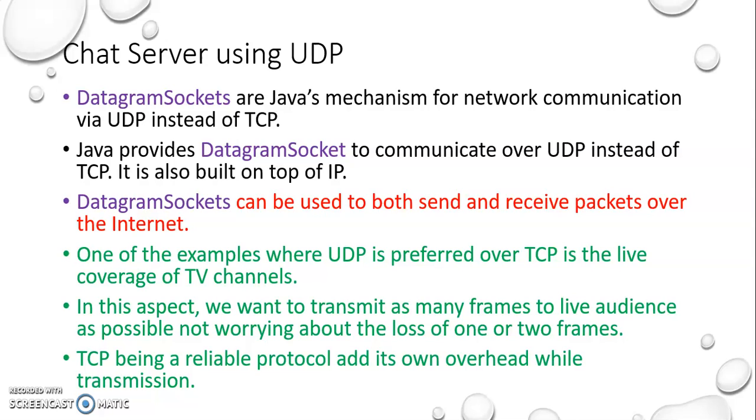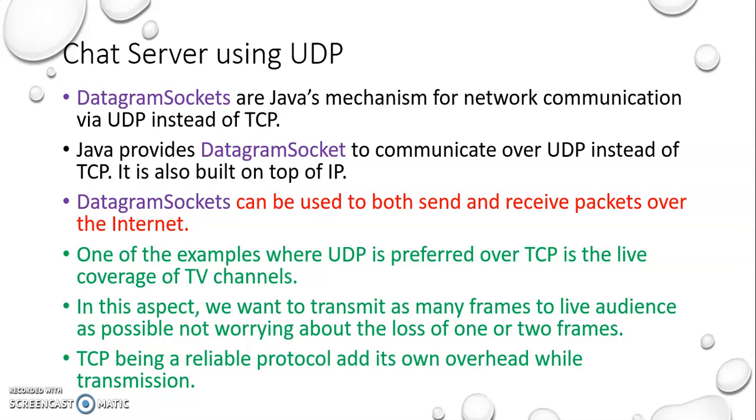So the Java.net package provides datagram socket as well as datagram packet for packetizing the data as well as sending and receiving these data packets across. The datagram sockets can be used to both send and receive packets over the internet.